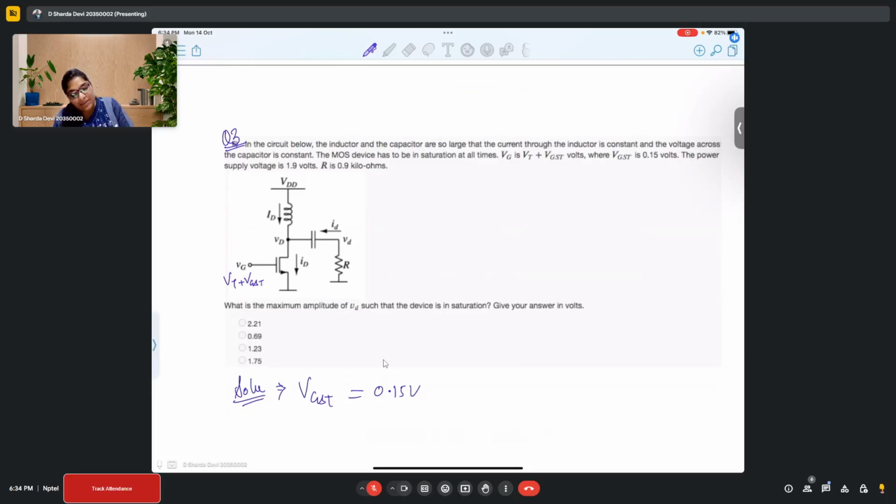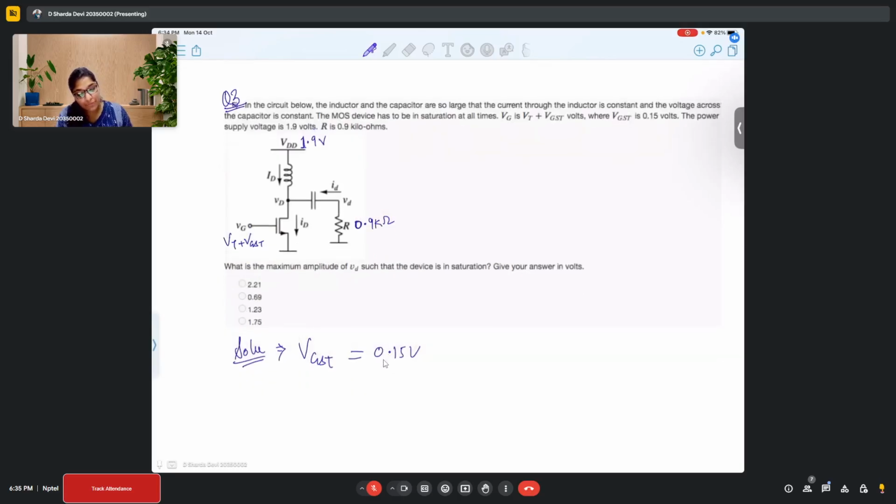The power supply voltage is 1.9 volts. R is 0.9 kilo ohm. Okay, these are the givens. Now, what is the maximum amplitude of VD, this point, such that the device is in saturation?